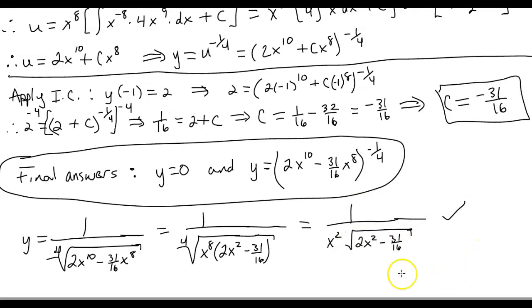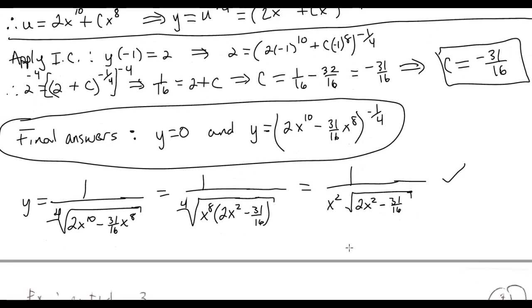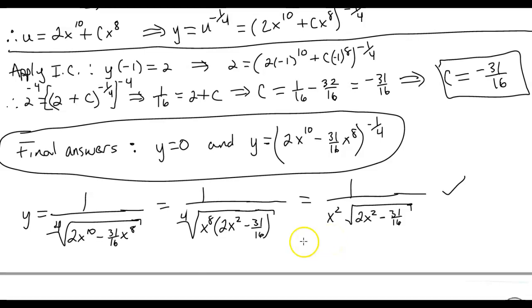Now, of course, if you didn't like this fraction here, you could go a little further if you wanted. And I'll go ahead and show you what that looks like.